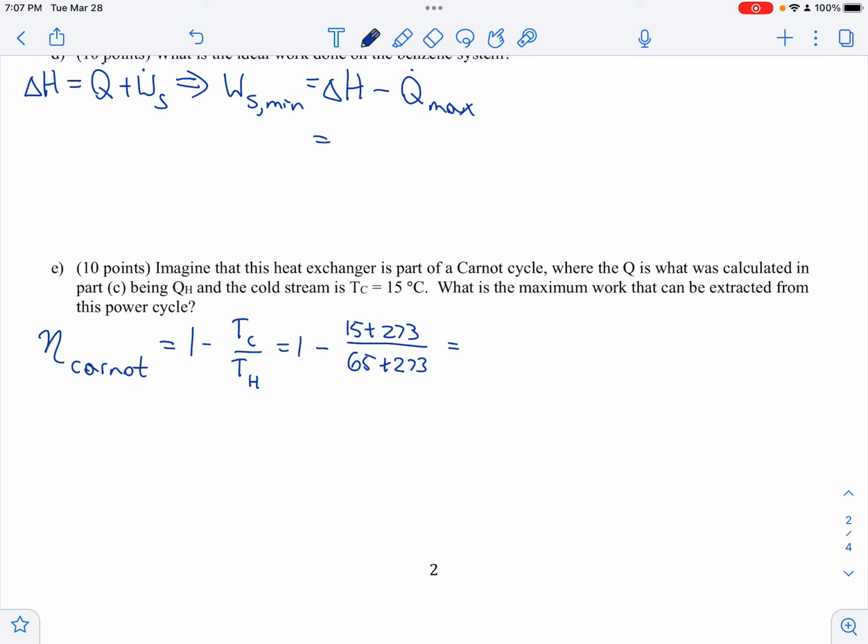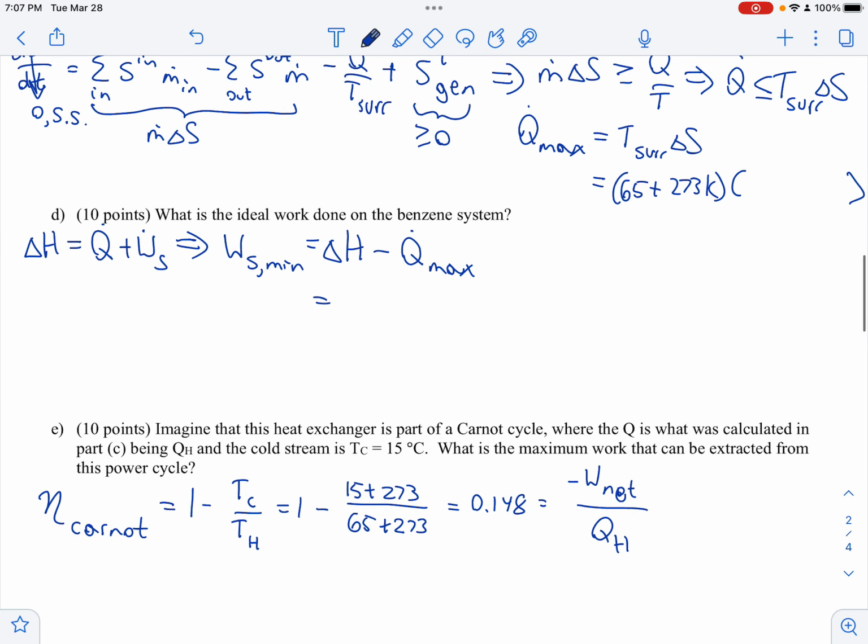This actually comes out to 0.148, and this would be minus work output, I'm going to call it W net, divided by Q hot, which would be the required input. And Q hot would be the Q max. This would be this number.